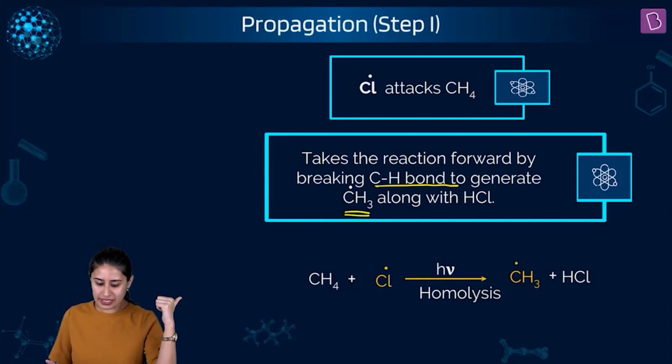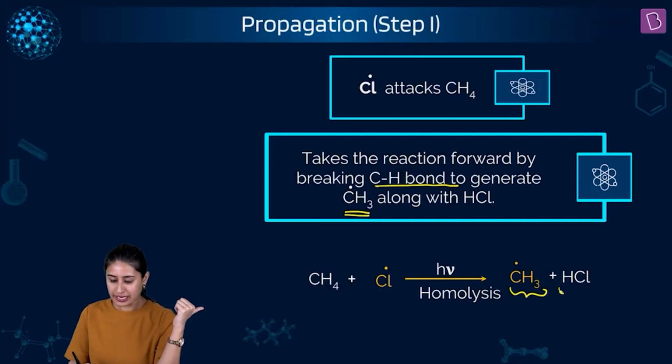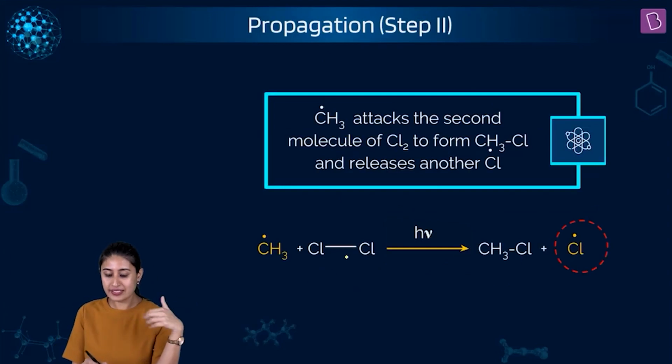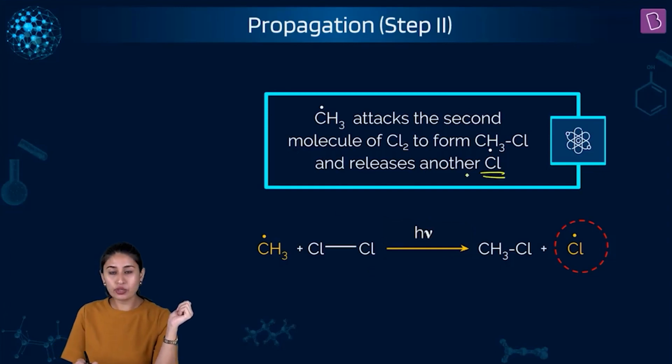Please check, we are getting the methyl free radical, right? And this methyl free radical attacks the second molecule of chlorine to form CH3Cl and release another chlorine free radical, right? So what is happening?